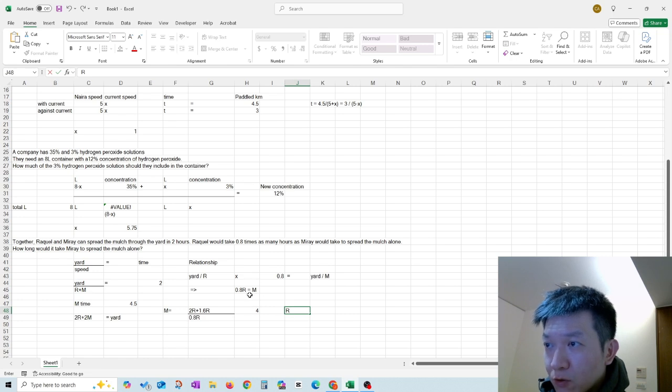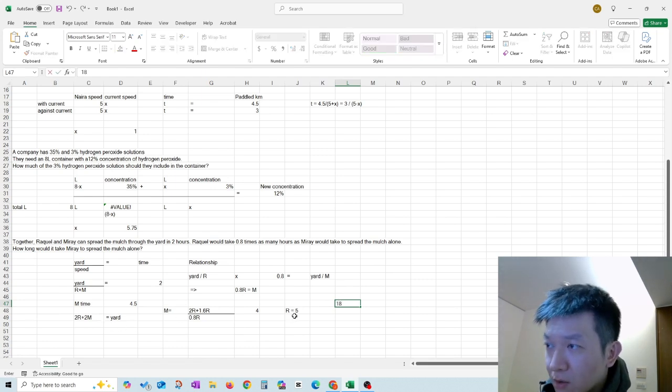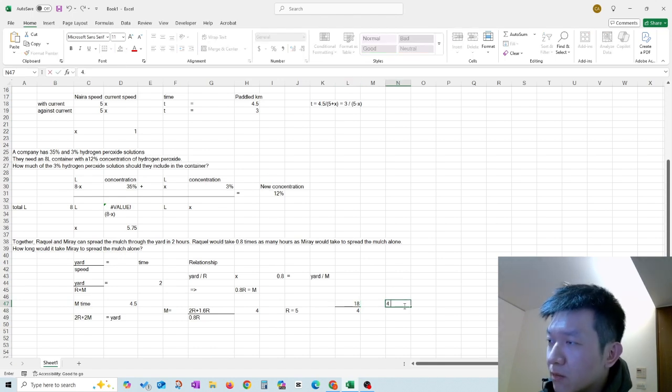So Murray is 4, then r would be 5, right? R equals 5. So the total yard work will be 5 times 2 is 10, and 4 times 2 is 8, so 18. And divided by 4, that equals 4.5, right?